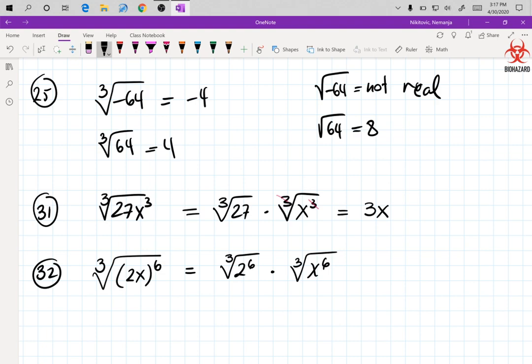Because remember, this exponent, by what we learned in chapter 5, or 4, or 5, this exponent of 6 applies to both 2 and x. So, when they cancel, we get a 2, and we get 2 squared times x squared, which is 4x squared.